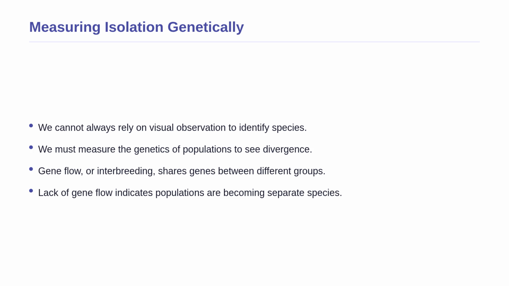By looking at the frequencies of different genes, we can calculate exactly how much gene flow, or interbreeding, is happening between the groups. If the groups are sharing genes freely, they are the same species. But if they are not sharing genes, they are on their way to becoming separate species. To measure this precisely, we need a mathematical tool.